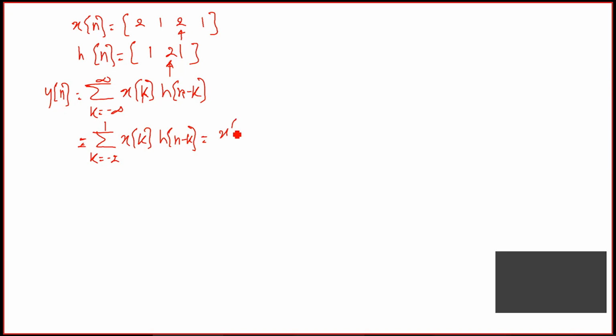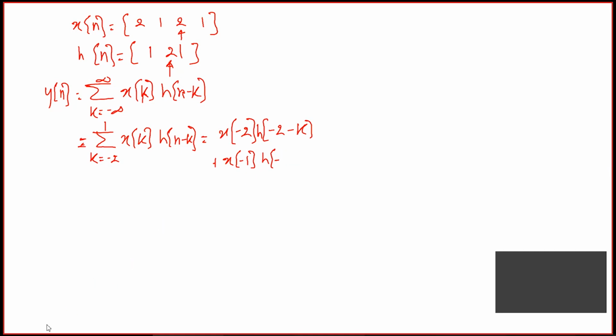So it would be x of minus 2 into h of n minus k. So whatever that will be, and plus then it will be x of minus 1, h of n minus k.